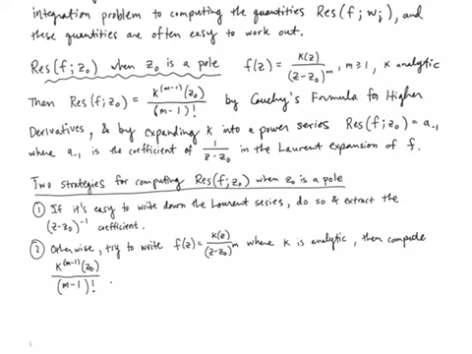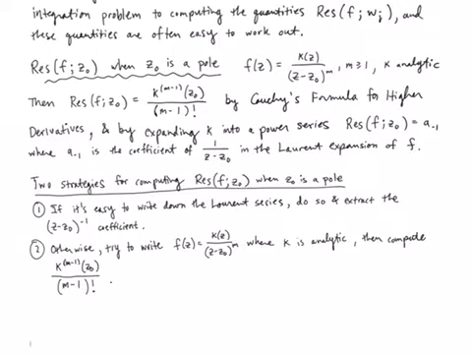In that case, the residue of f at the pole is equal to the (m minus 1)th derivative of k at z0, divided by (m minus 1) factorial.